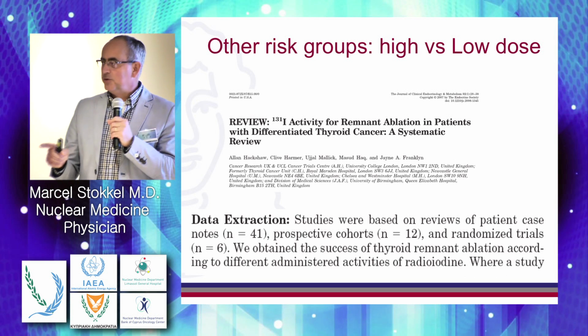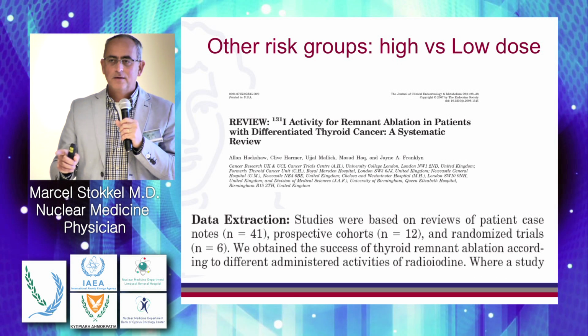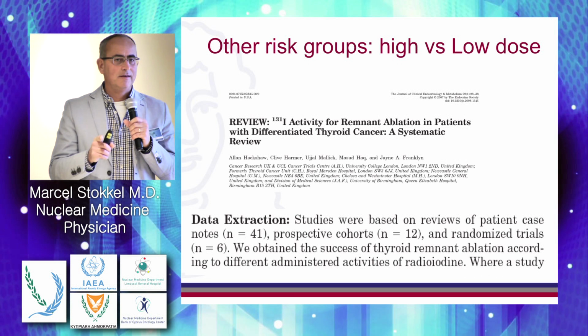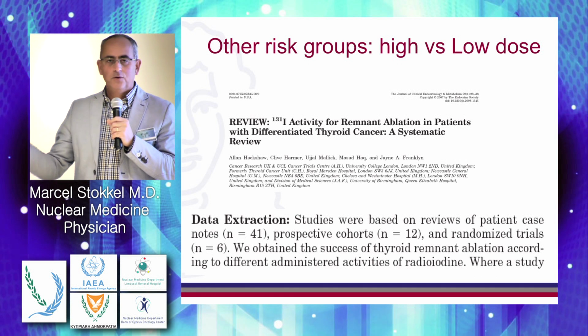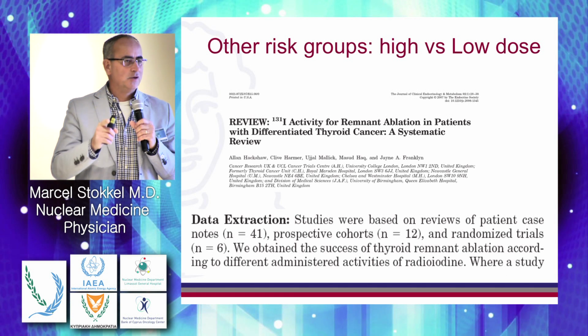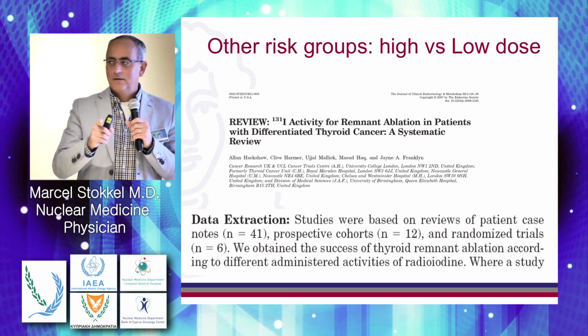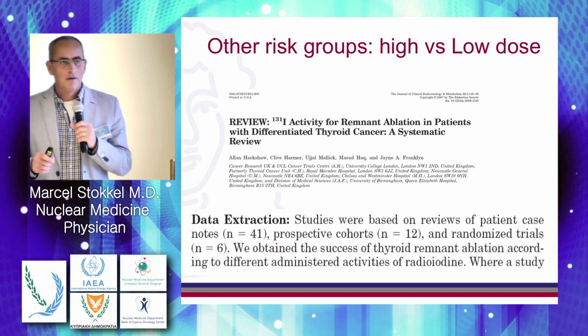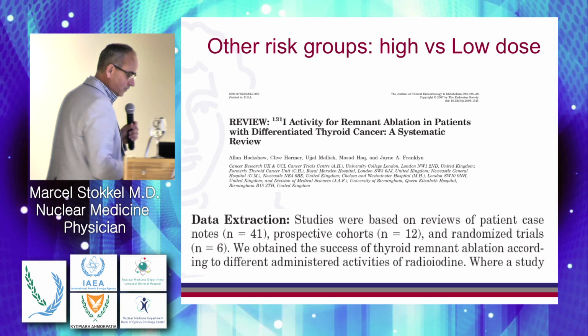How many papers do you think have appeared on this topic in a prospective setting? Who says more than 20? You. Who says less than 20? You. Who says more than 100? Okay, I will show you.